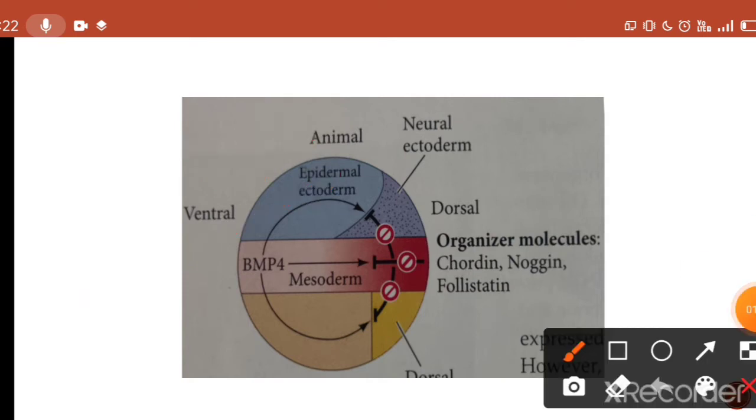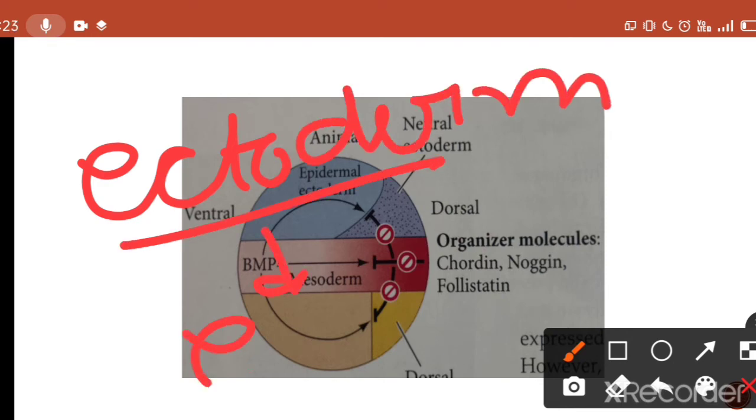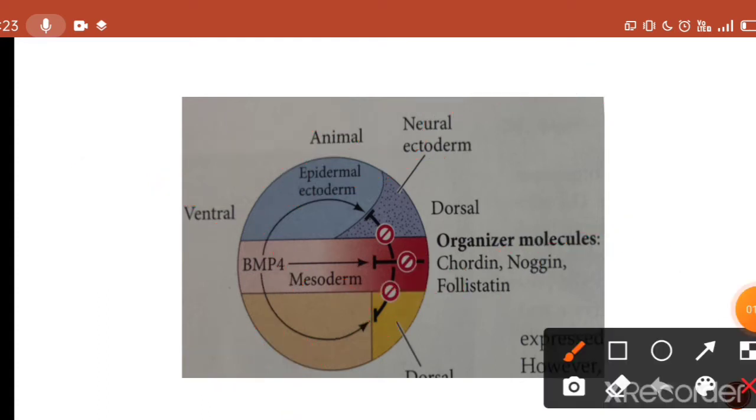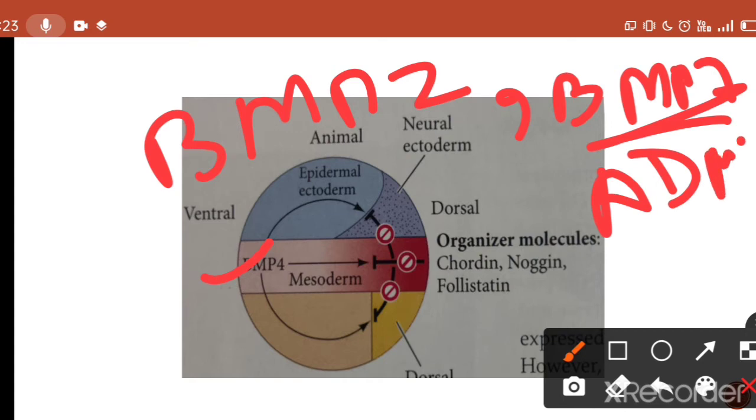In Xenopus, the major epidermal inducers, meaning the inducer molecules that induce the ectoderm to form the epidermis, are BMP4 mainly, and some relatives like BMP2, BMP7 and ADMPs.